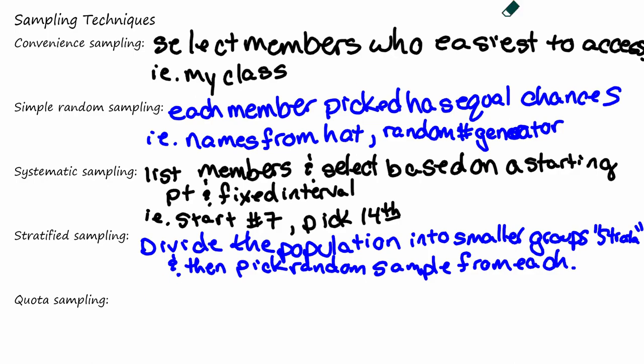Okay, so in the example for this one, I'm breaking my population into smaller groups.